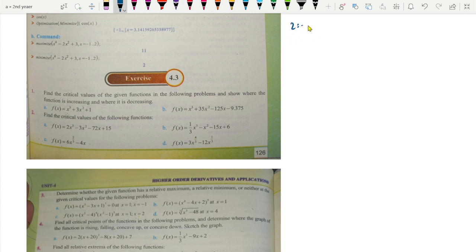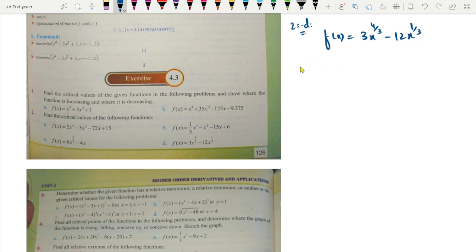Question second, D part, f of x is equal to 3x^(4/3) minus 12x^(1/3).